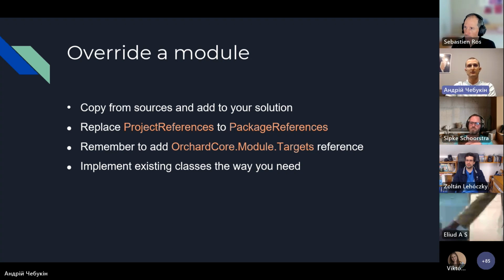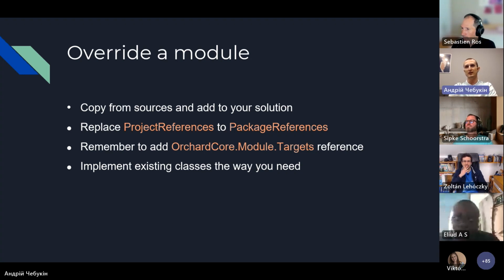So I just copied that module from sources, which stored to blob. And then I replaced project references with package references. Then I added targets to make it work as a module.